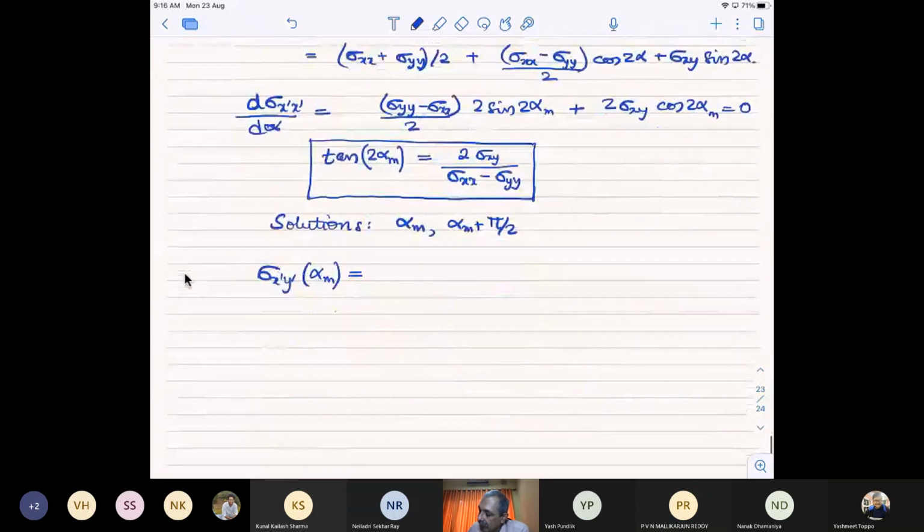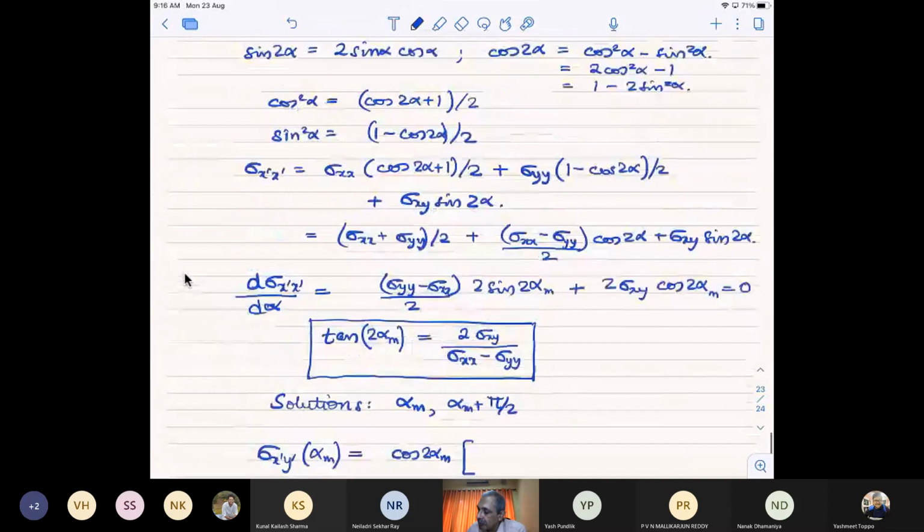Then I'll substitute for tan of 2 alpha m using this.